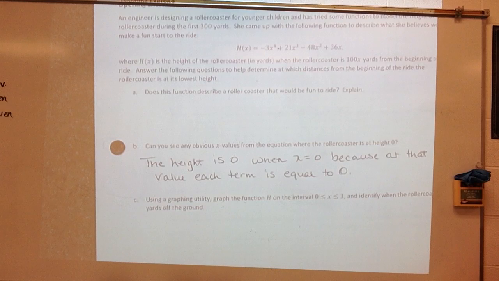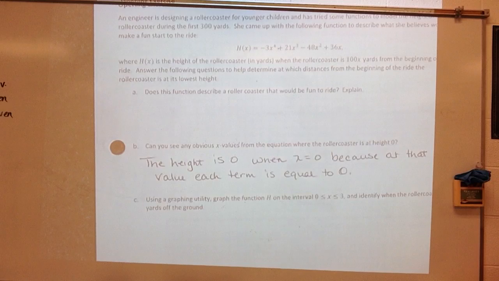It says, using a graphing utility, graph the function h on the interval 0 is less than or equal to x, is less than or equal to 3, and identify when the roller coaster is 0 yards off the ground.